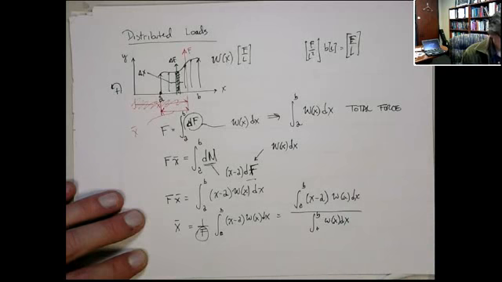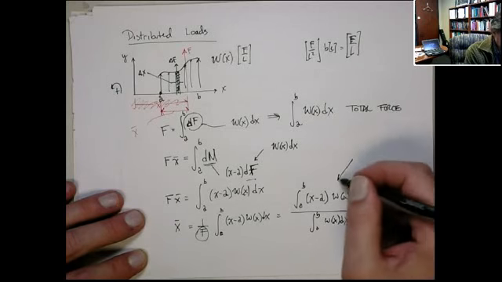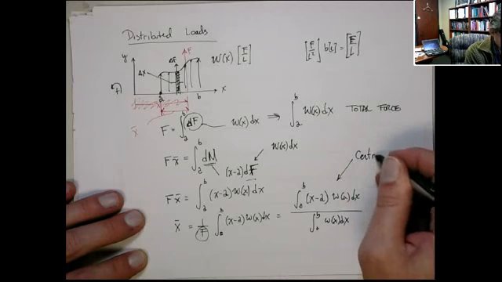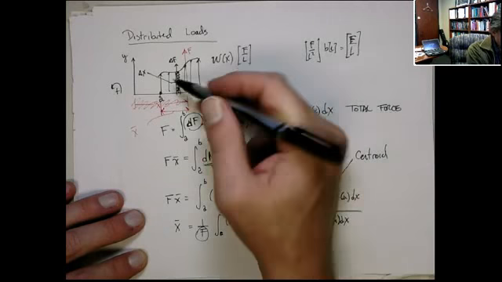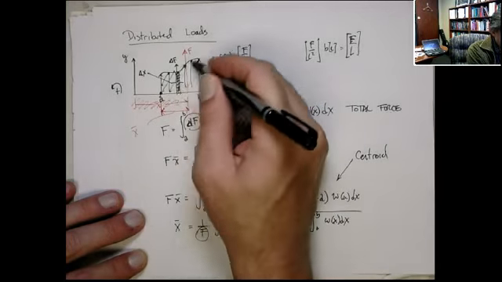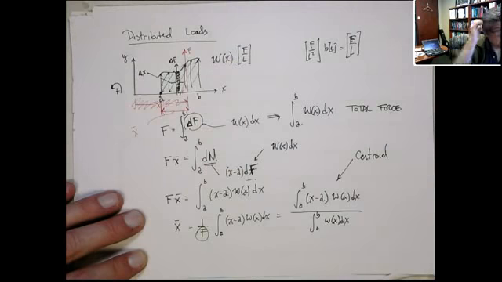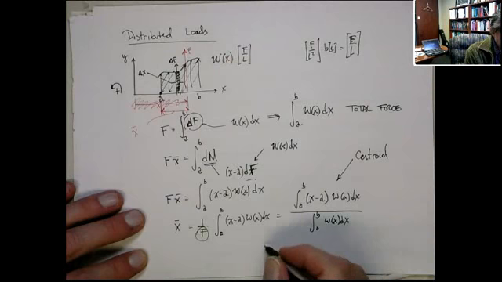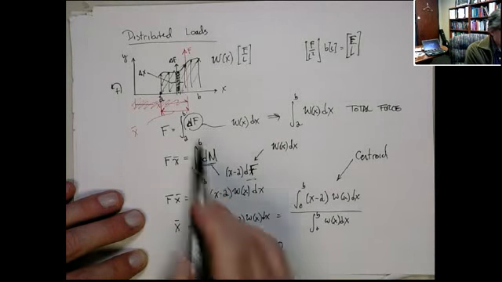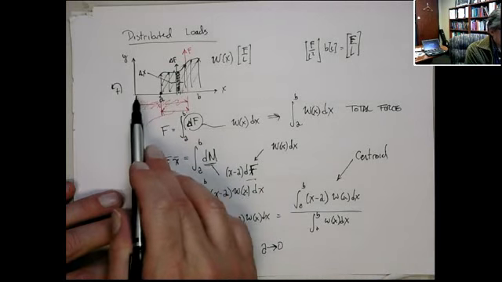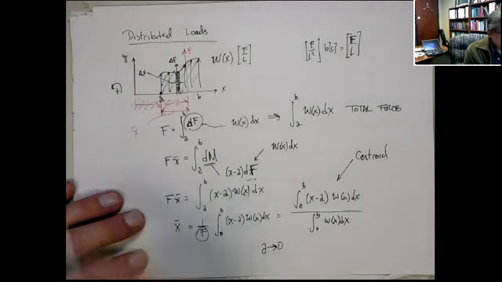If you look at this, this is the centroid of this area. By definition, that is the centroid of that area. You can see it a little more easily if we imagine that A goes to 0. In other words, the load starts at x equals 0, and you shift the coordinate or something like that.